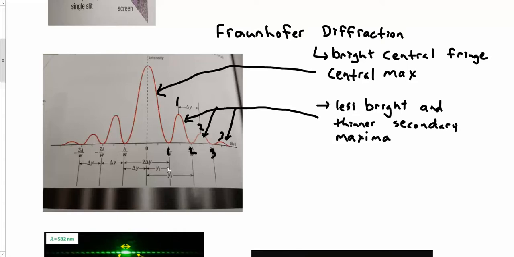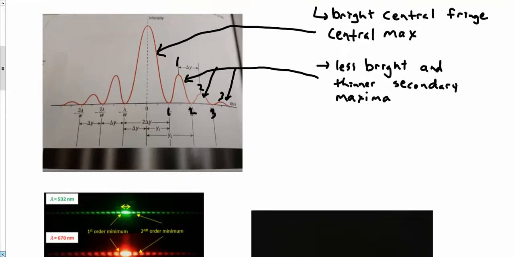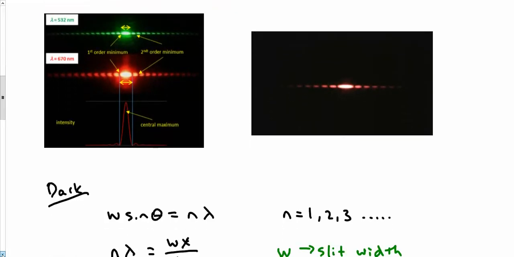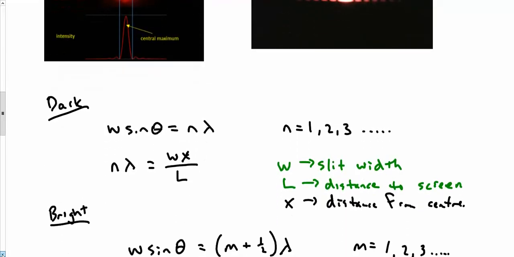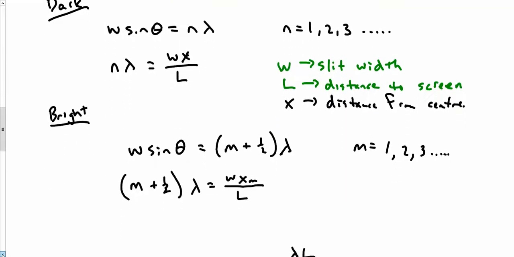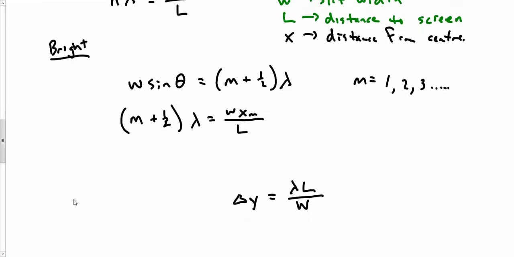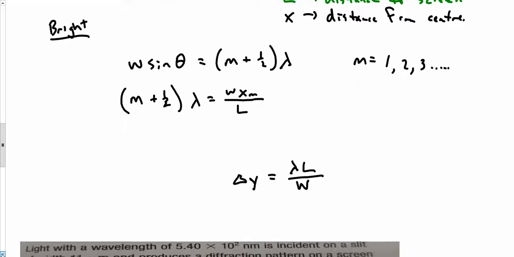The distance from the middle to the first dark is delta y, and I give you a straight up formula for it: delta y is lambda L over W, and we can use that in our problem solving.